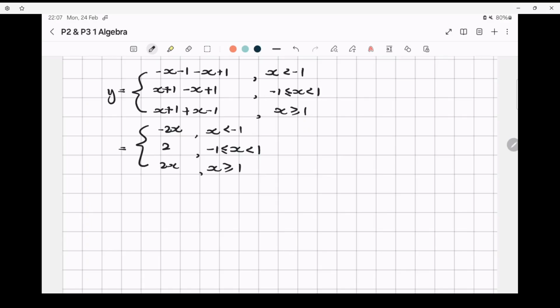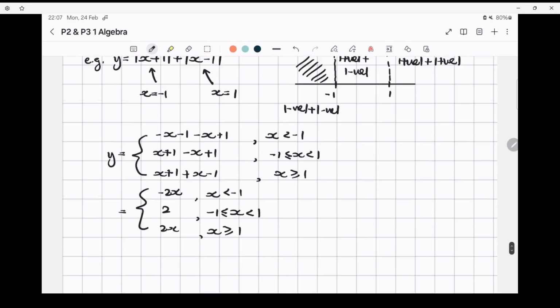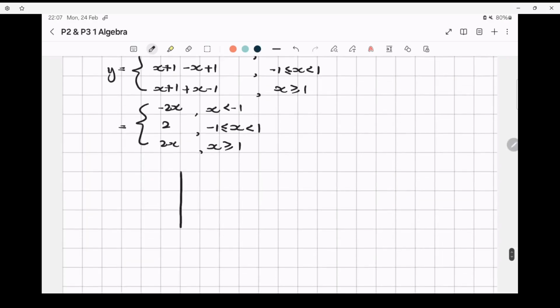So over here then you can sort of plot the graph to look like this. So let's say this is -1, this is 1.